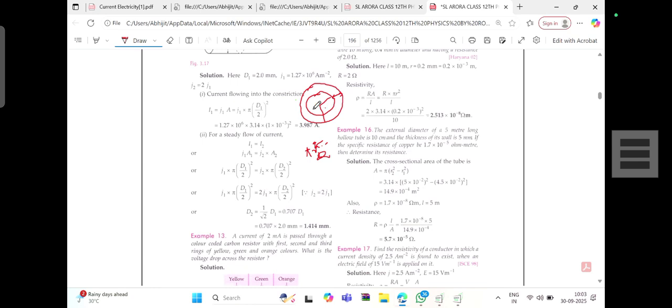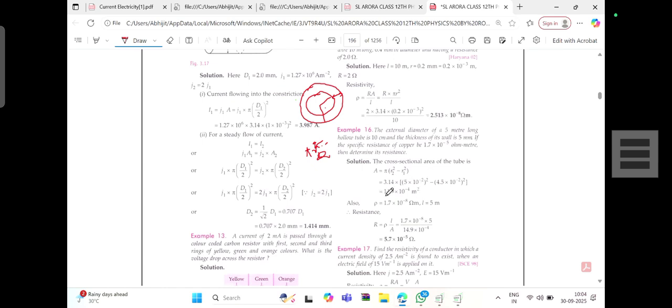So the radius of the inner surface R1 is R2 minus 0.5 centimeter, that is 4.5 × 10^-2 meter, squared. I think I'm clear.